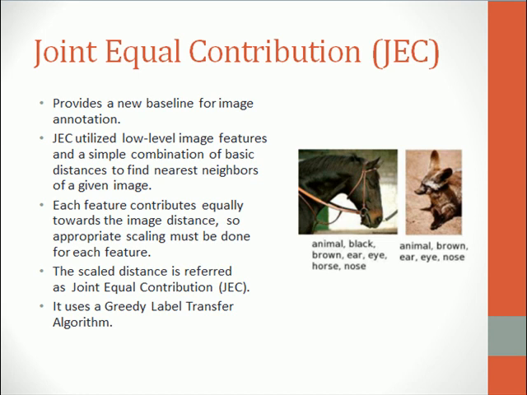Each feature contributes equally towards the image distance, so appropriate scaling is required before we add them together. The scaled distance is referred to as joint equal contribution, or JEC. It then uses a greedy label transfer algorithm to assign labels to a new image.